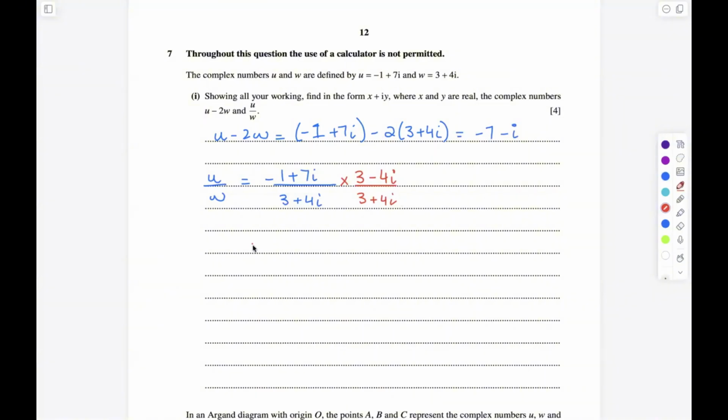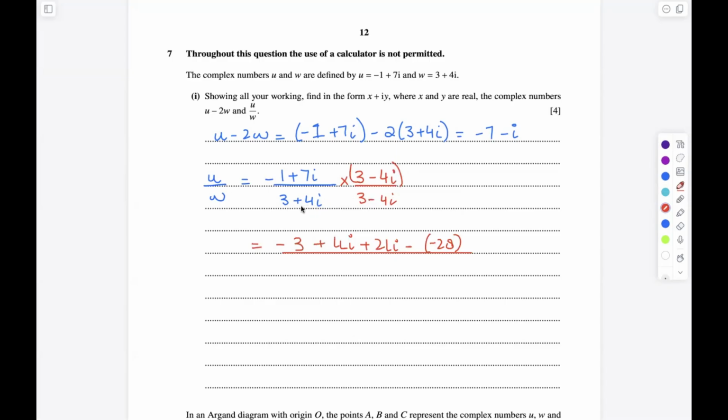Simplifying the numerator, we get -1 times 3, that will be -3, plus 4i. 7 times 3 is 21, so that will become plus 21i. And 7 times 4 is 28, and i squared is -1, so this will be a minus 28. Divided by, in the denominator, we'll have 3 times 3, and this is 3 minus 4i, not plus i.